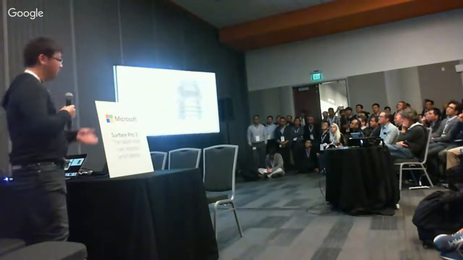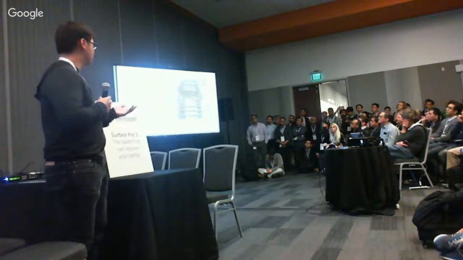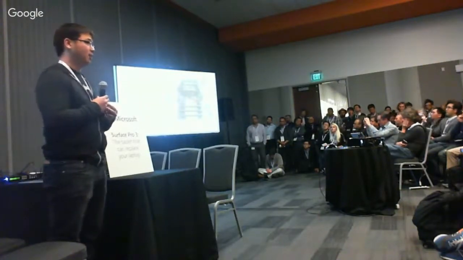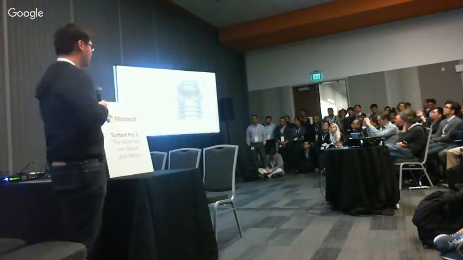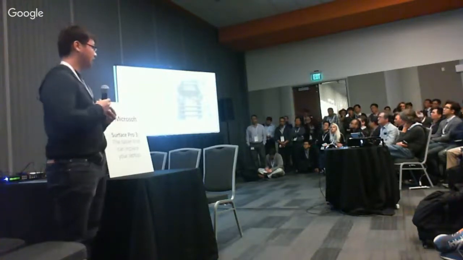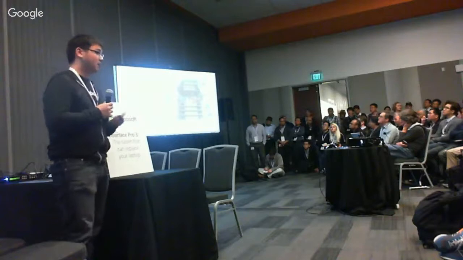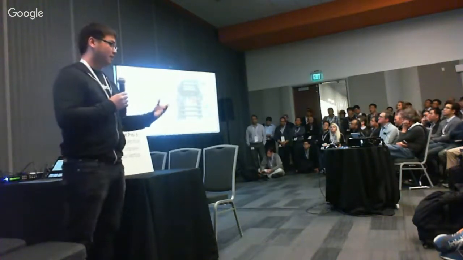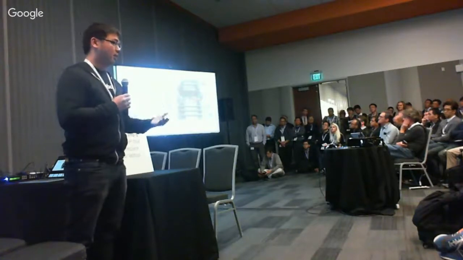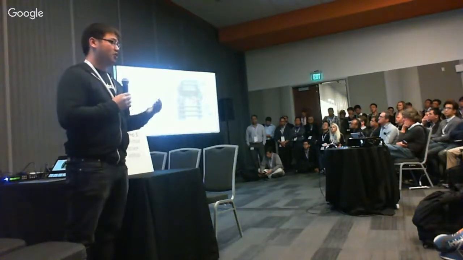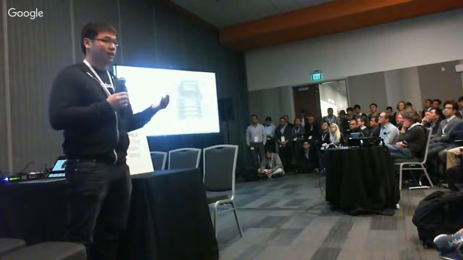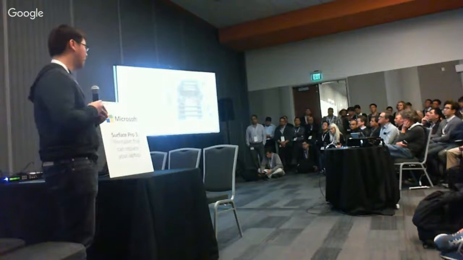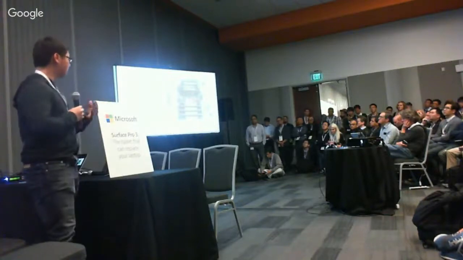So I'm going to go through a little bit about the design methodology. There are three major areas that we were thinking of when we designed this server. The first is serviceability. At Facebook, we care a lot about operational efficiency, so we want to be able to swap NICs, hard drives, and GPUs very quickly when a server goes down, so that your downtime is minimized. We thought about thermal efficiency.